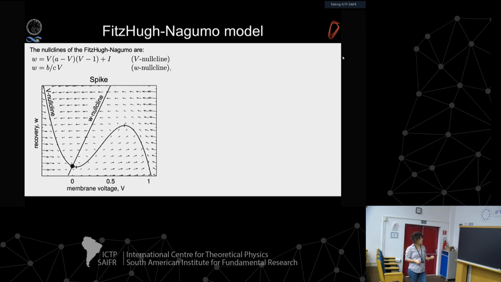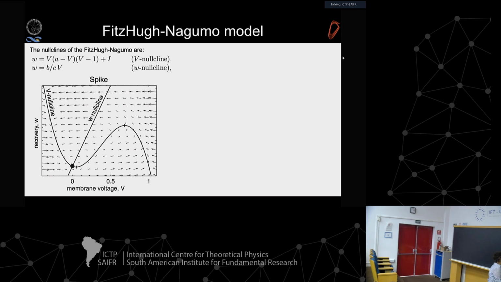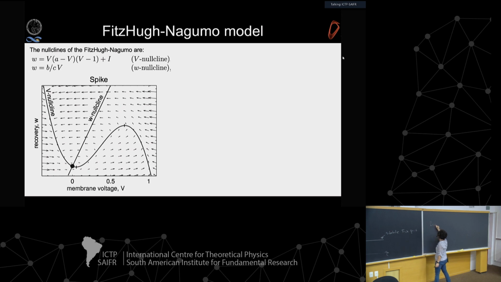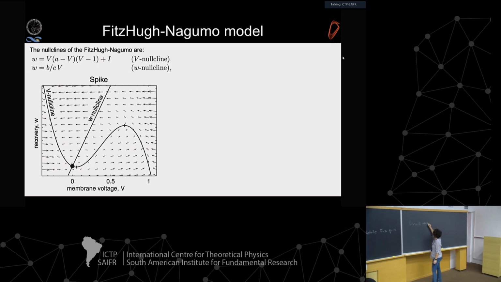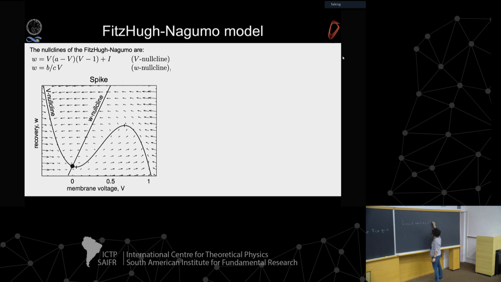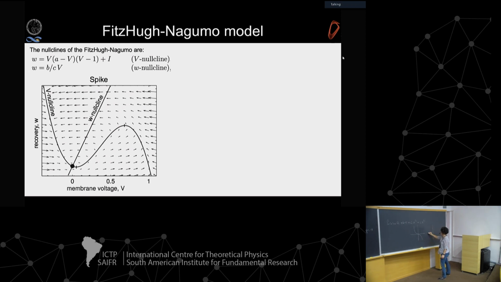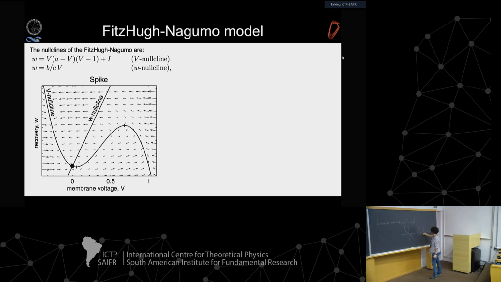The core is this, that if you look again at the nullclines, now you have this cubic form. And so A will shape this cubic form. If you have a cubic form, this means that you have something like this, or you can have, for example, something like this.